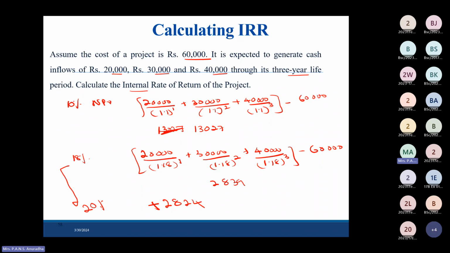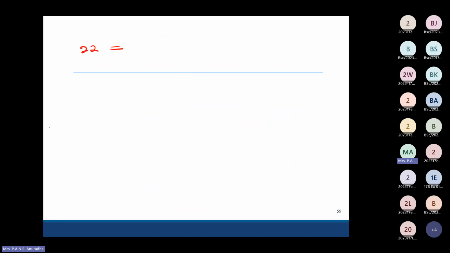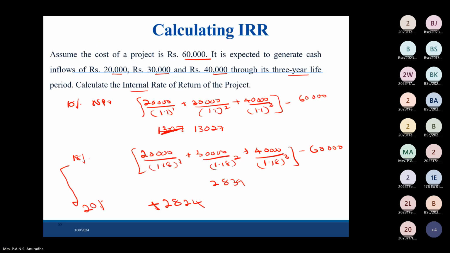So now you have to recalculate net present value, and here I'm taking 22%. So at 22%, what is the NPV? 20,000 into 1.12 to the power minus 1.